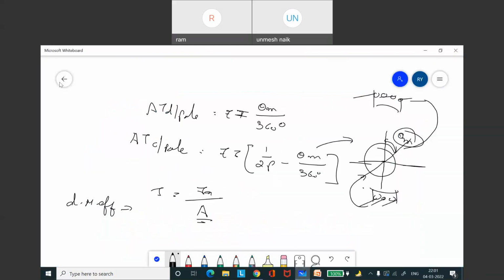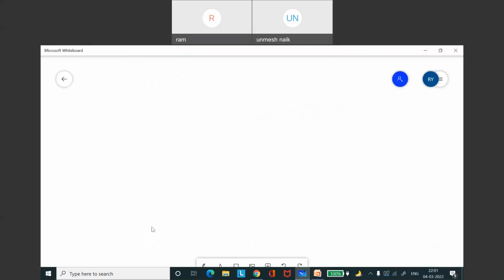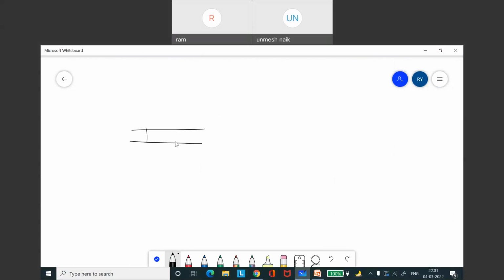Earlier we saw that when armature reaction happens, we get sparking on the commutator surface. Why does that happen? This is a commutator, and we have a lot of segments.